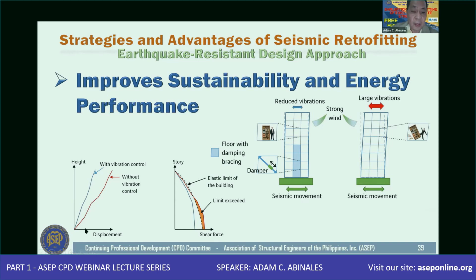Looking at this curve where you have the height against the displacement of the structure, if you do not have vibration control, then you expect the structure would behave something like this, with a very large deformation. But if you put some vibration control device, then you will be able to reduce it. So in that case, you are improving the performance of this structure in terms of energy dissipation. Or if you have a structure with a damping device or system, then you would be able to reduce the seismic demand.